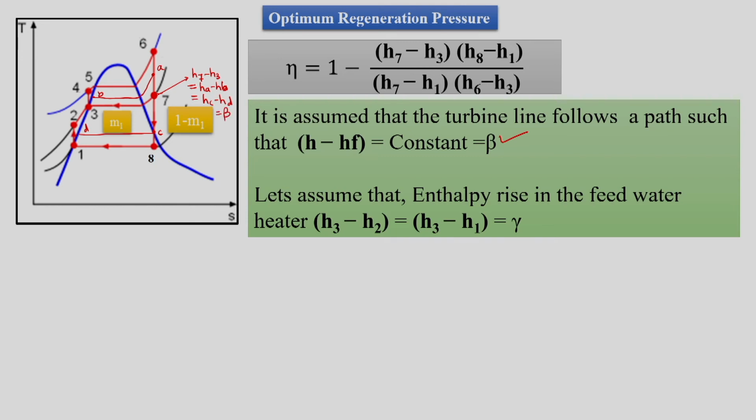Now, let us assume that the enthalpy rise in feed water heating, which is H3 minus H2, equal to H3 minus H1, is gamma. So, the heating happening in the feed water heating is called gamma, and the expansion process enthalpy difference is called beta, but this beta is a constant.